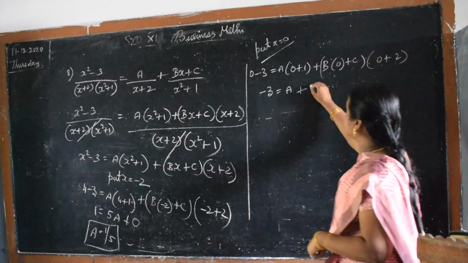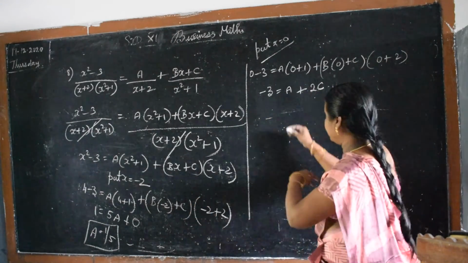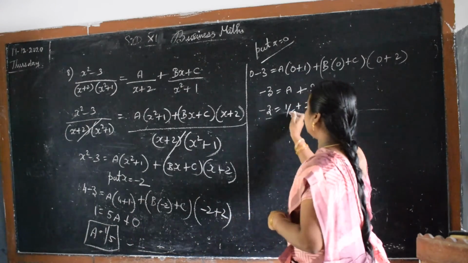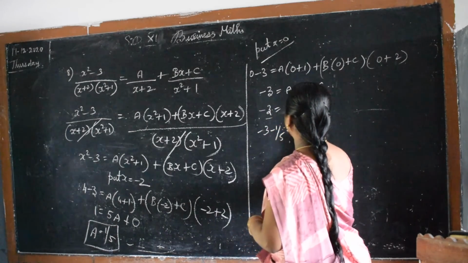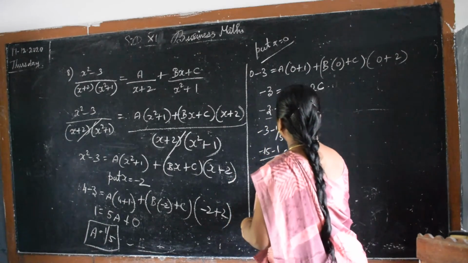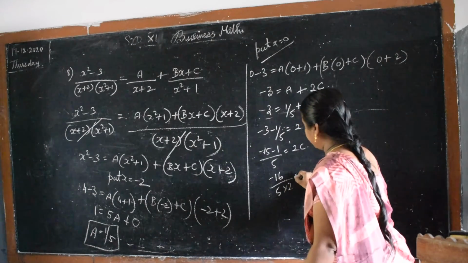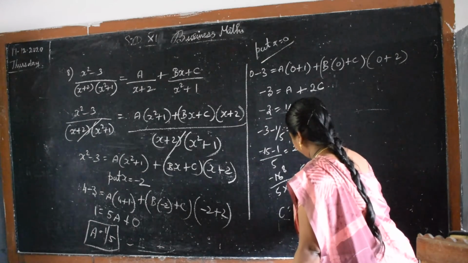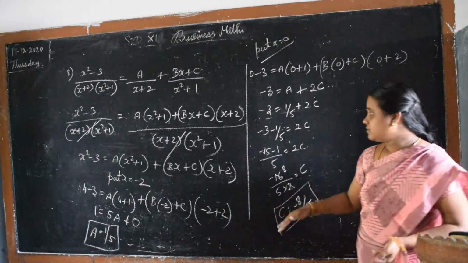What is the value of a? a value is 1/5. Just substitute here: 1/5 + 2c. Take this 1/5 to this side. 2c = −15 − 1/5 = −16/5. Bring this 2 to the left-hand side, so c is equal to −8/5. Have you understood children? Now I got the value of c.